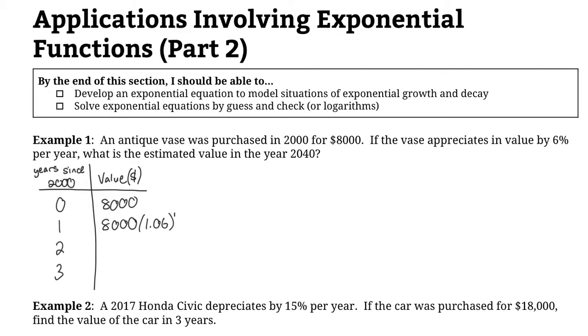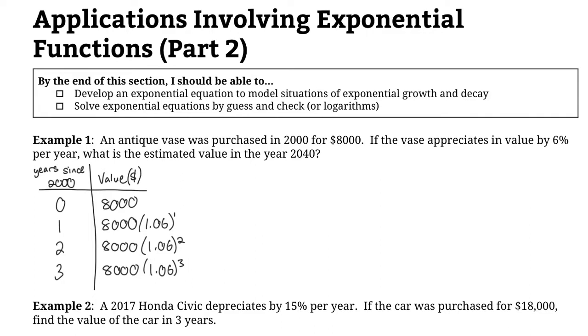And in year 2, we would be taking that $8,000, multiplying it by 1.06 twice. And in year 3, we're taking the $8,000 and multiplying it by 1.06 3 times. So if you're already comfortable with this, you don't necessarily need to make the table of values, but you can if it helps you just organize the information.